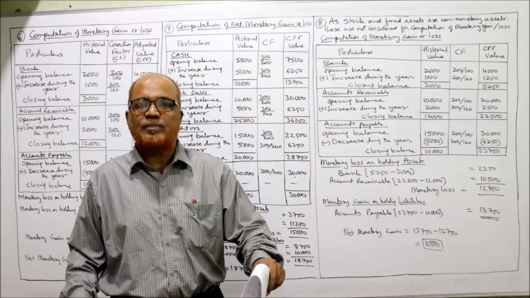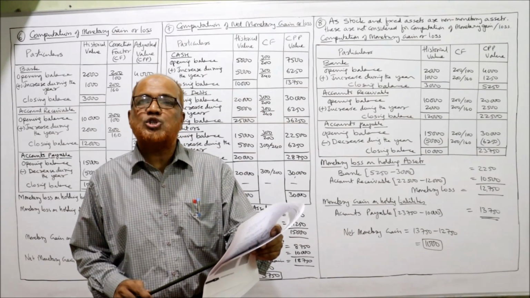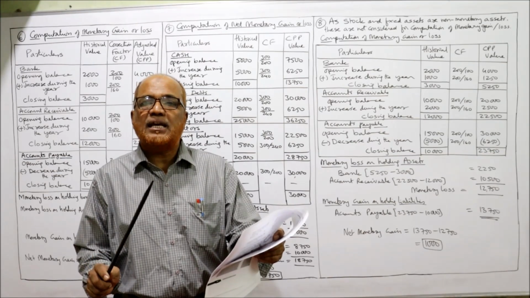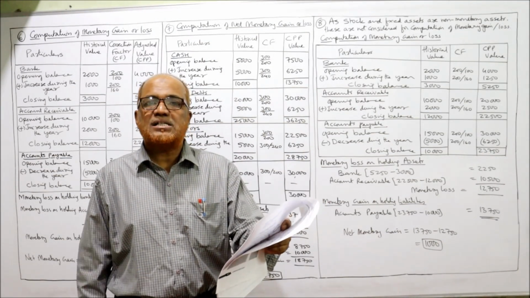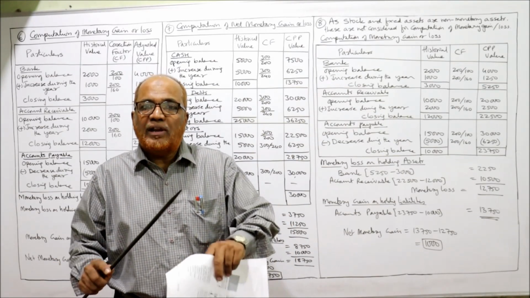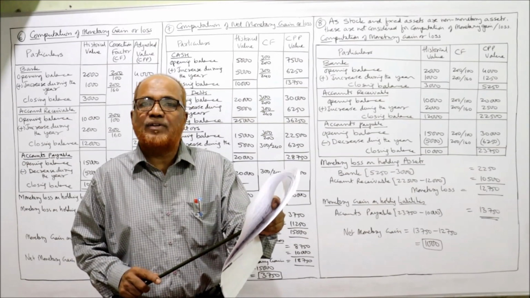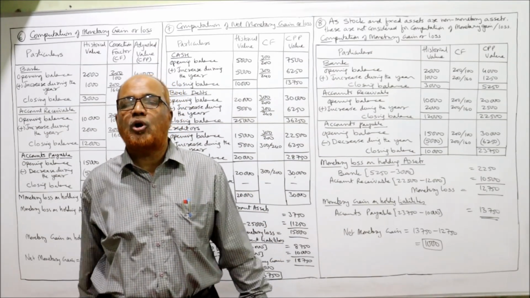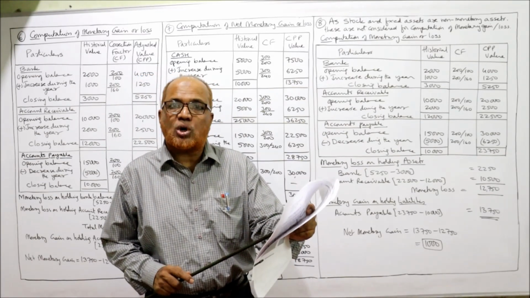So here bank balance, account receivable, accounts payable, these three are monetary items, whereas fixed assets and stock are non-monetary items. So we will not consider the value of stock and fixed assets while calculating net monetary gain or net monetary loss.